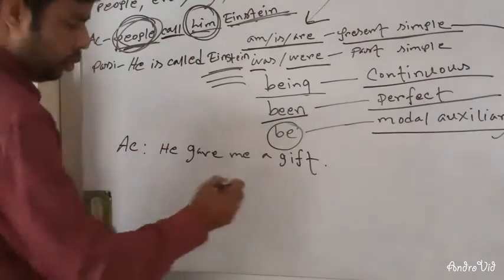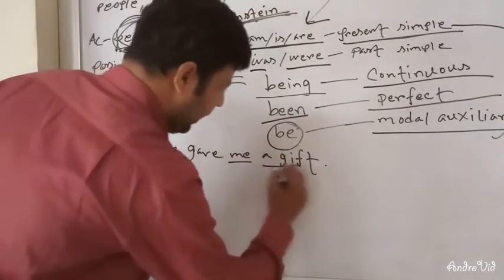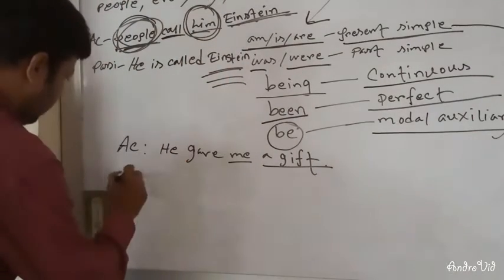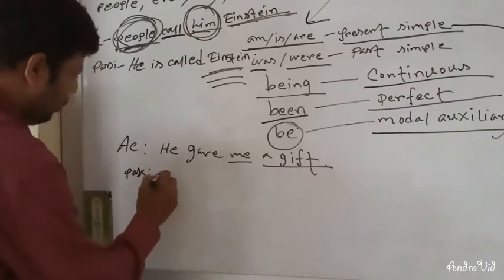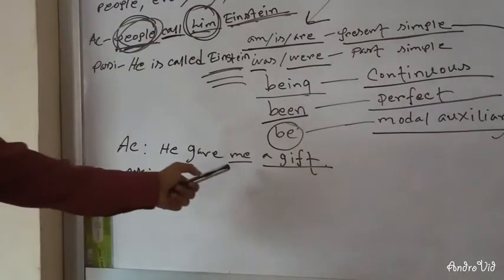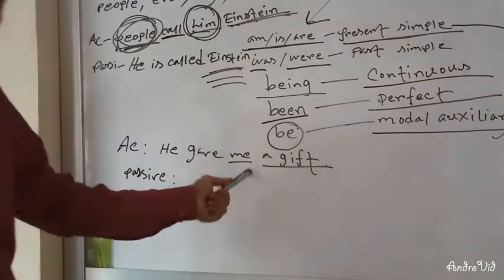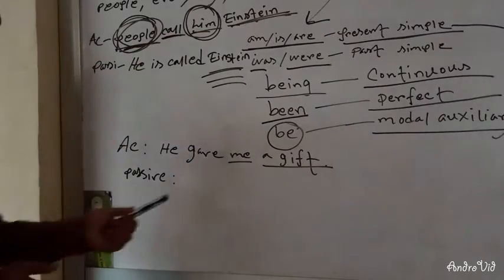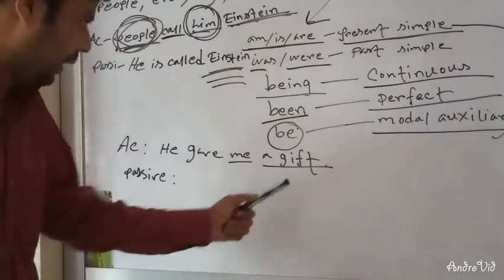So we have two objects here, me and a gift. In that case, in making passive voice, you can take either of them. You may take the pronoun object or you may take the noun object. No problem with it whatsoever.